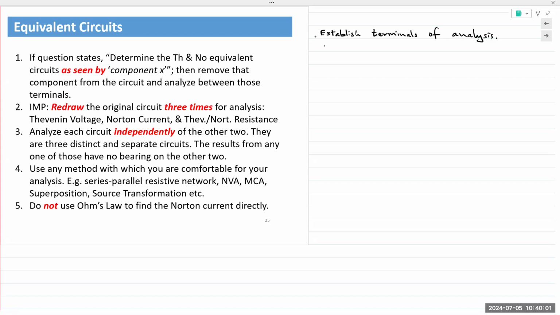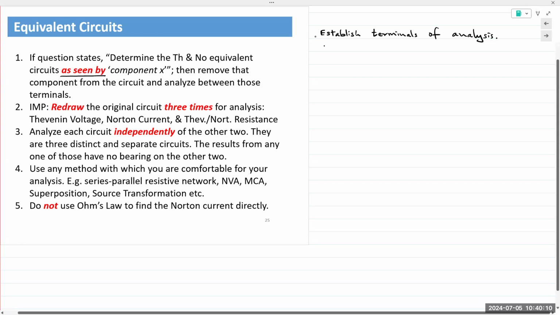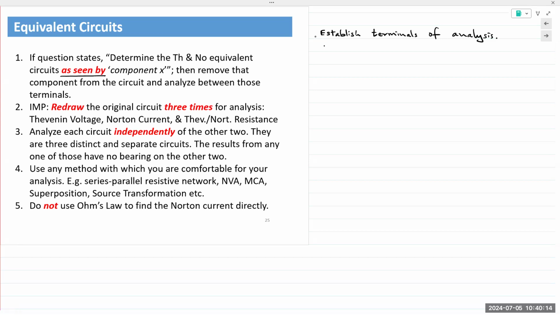No need to do anything. However, if the question states, determine the Thevenin and Norton equivalent circuit as seen by a particular component, then we remove that component from the circuit, and the open terminals left behind are the terminals of analysis.